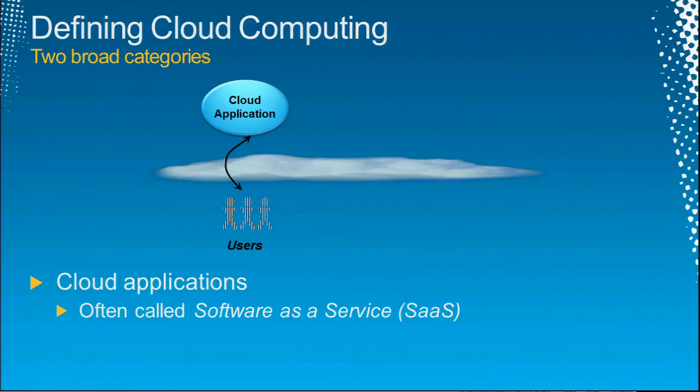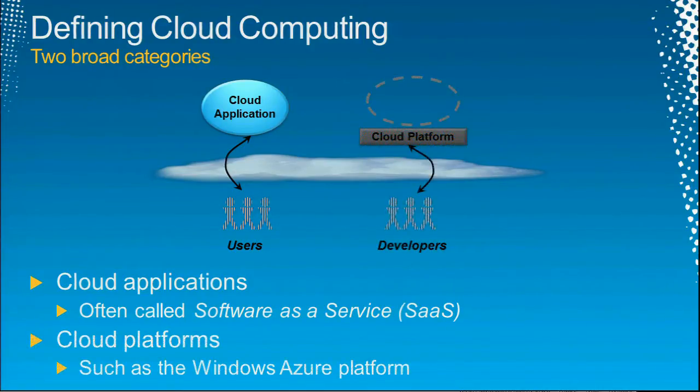Email, CRM, SharePoint. They're used by you, me, your mom. Category number two, cloud platforms. Cloud platforms are things in the cloud on which developers, like many of you, can write new applications. They're used by developers, not by your mom, unless your mom was a developer.